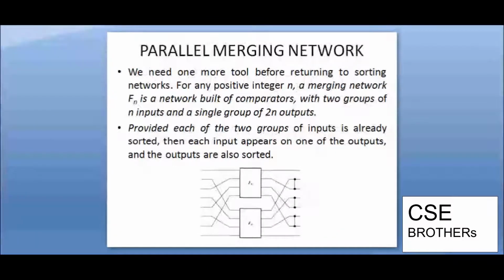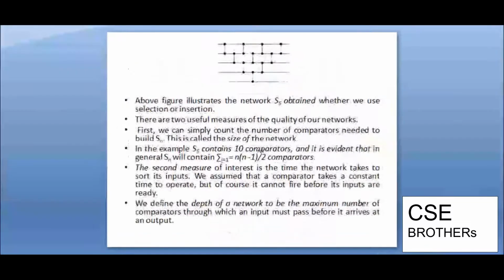Parallel merging networks we can represent like an Fn. This merging network does the merging task, provided each of the two groups of input is already sorted, then each input appears on the output and the output is also sorted. You can see in this picture there are two Fn networks, and they will merge the input and give us the output.